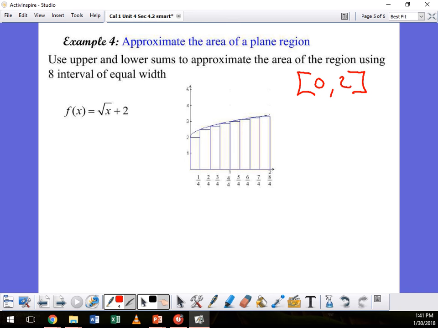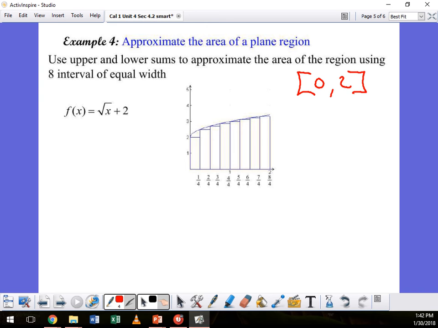Eight intervals. So how would I get 8 intervals? Most times they're not going to give it to you, so we have to figure out a way to find our intervals.